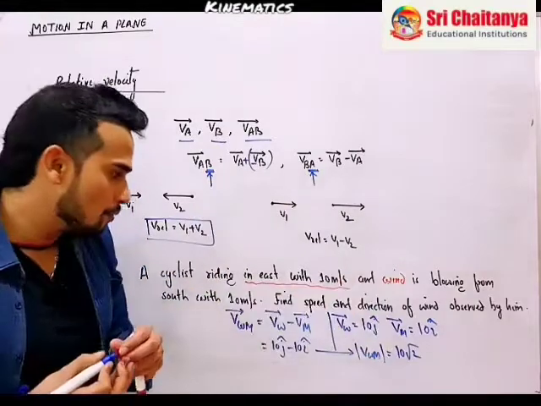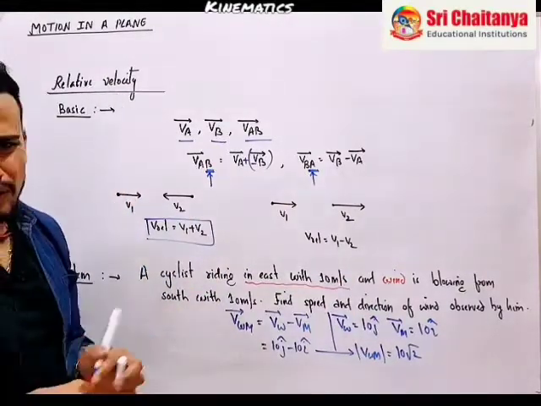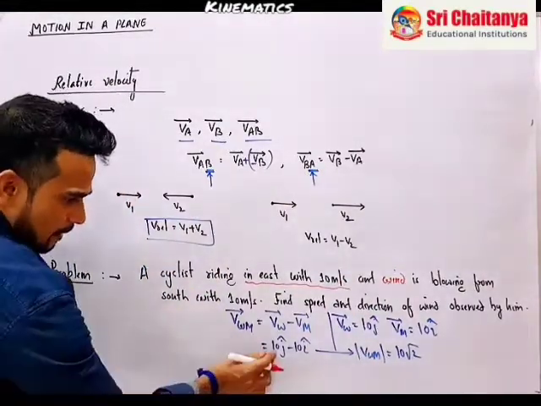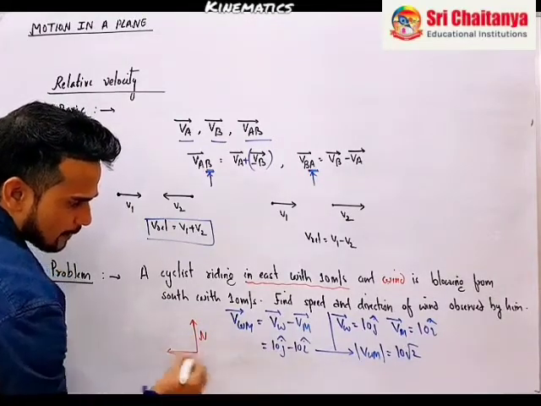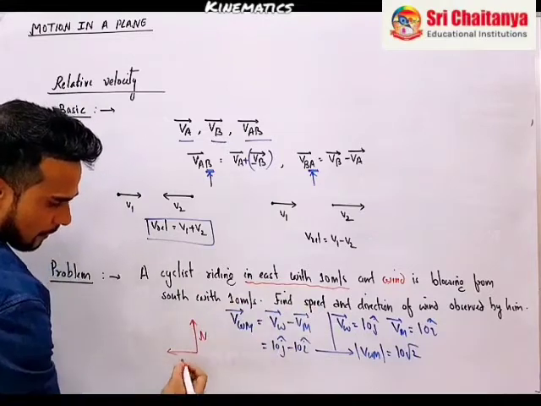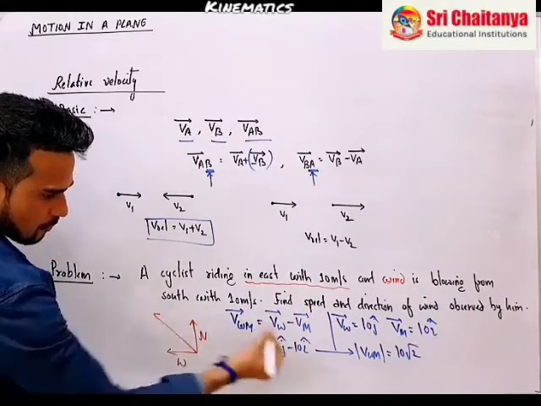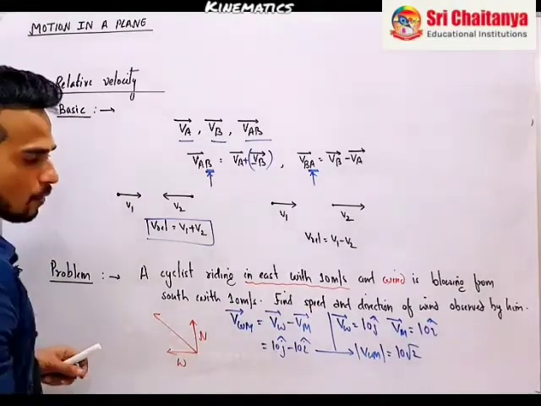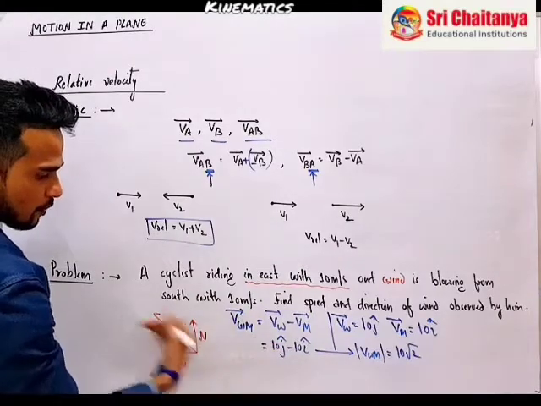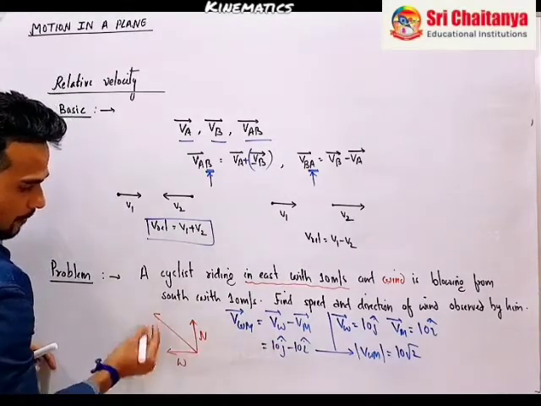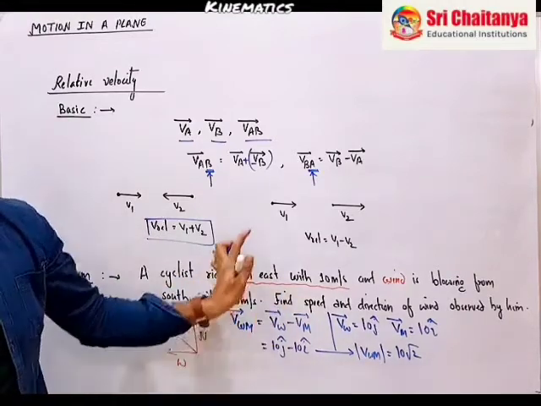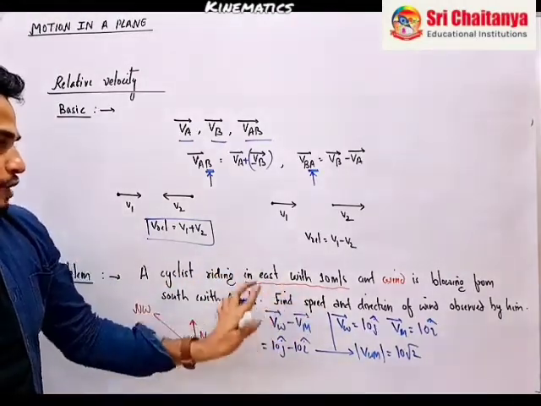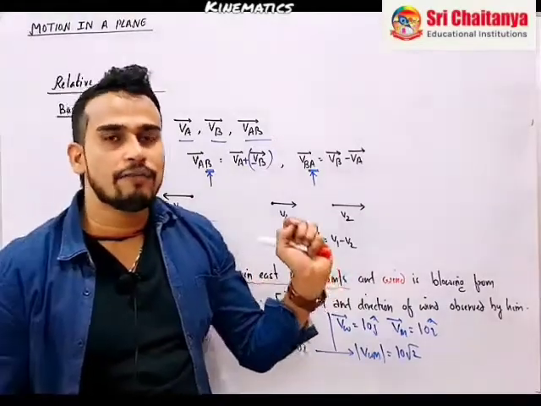If anyone asks you the direction, you can find it. j cap means north direction, and minus i cap means opposite to east, that is west direction. So what is the direction observed? You can see, northwest. So this is how we can do simple questions based on relative velocity.